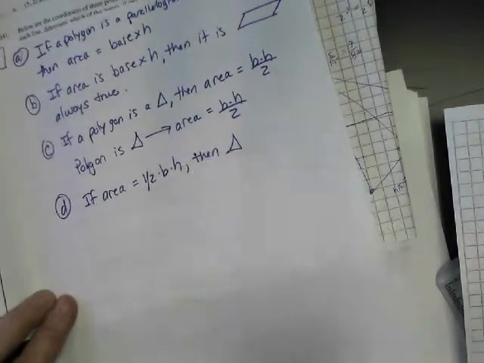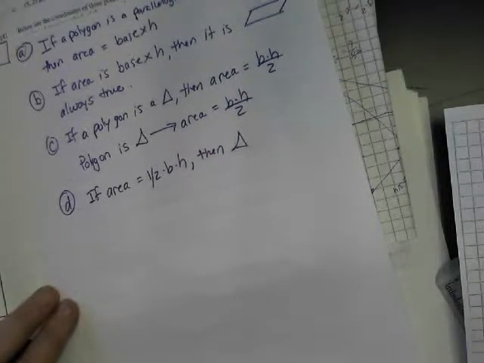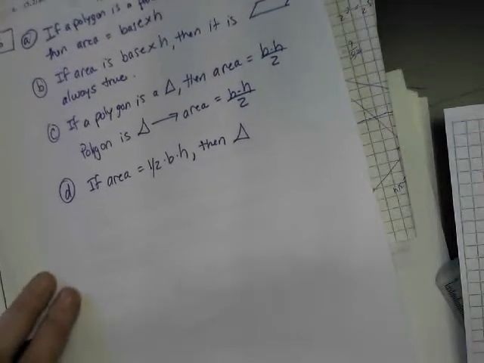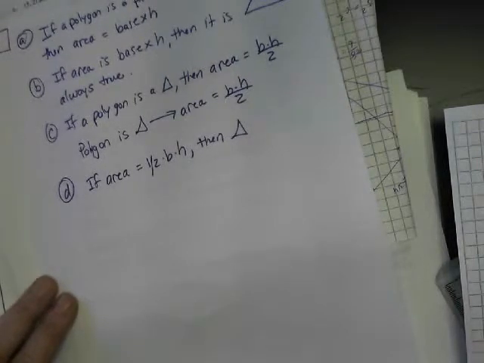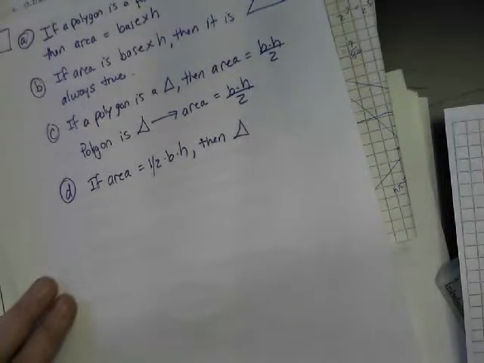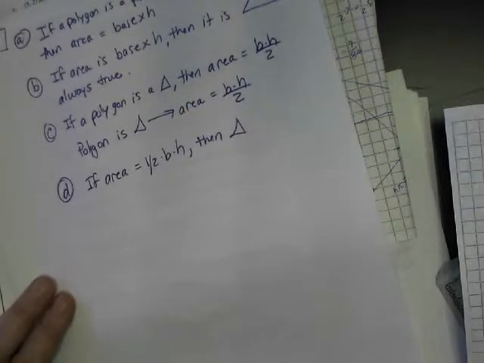I use a lot of shorthand. If the area is 1/2 times the base times the height, then the polygon's a triangle. Is that always true? Yes. There's no other shape with base times height divided by 2. It always equals a triangle.